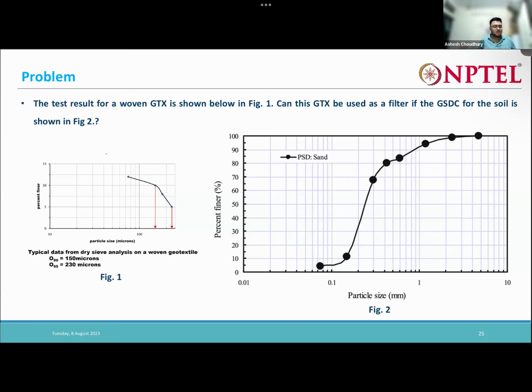We need to say whether this particular geotextile which you have tested here can be used as a filter material in that soil or not. It is our main target.